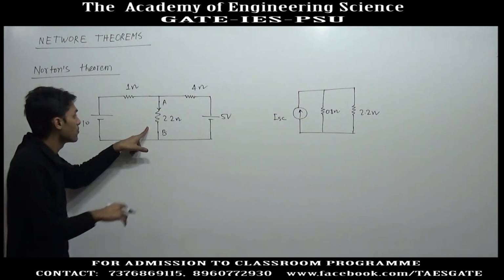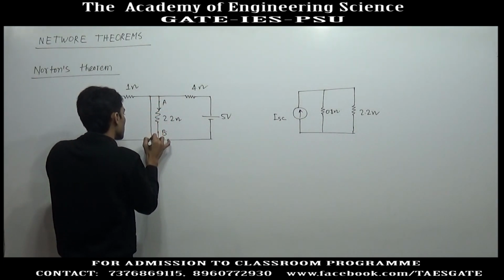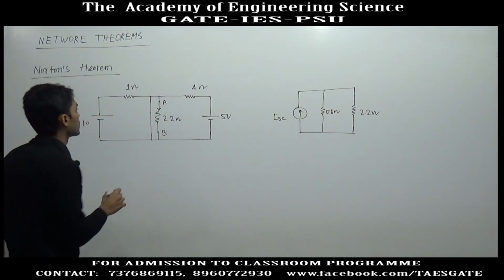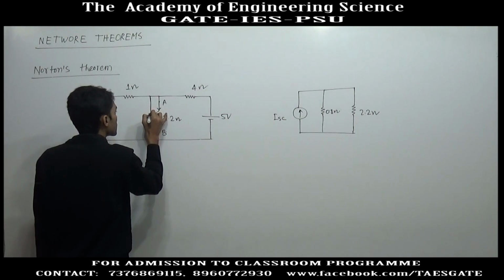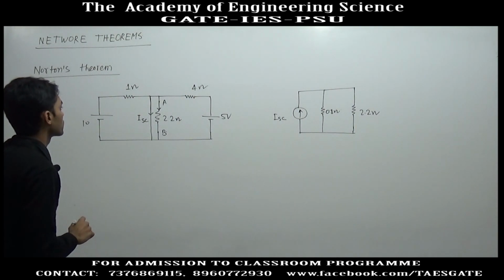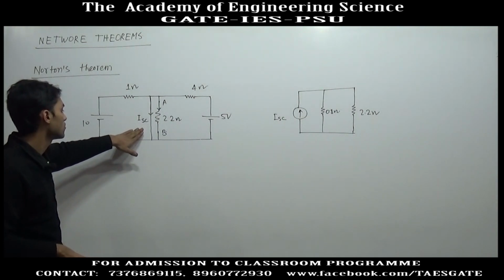ISC is the short circuit current about this terminal. Just like we open circuited in case of the Thevenin equivalent circuit, we will short circuit it, and we will try to find out this short circuit current ISC.